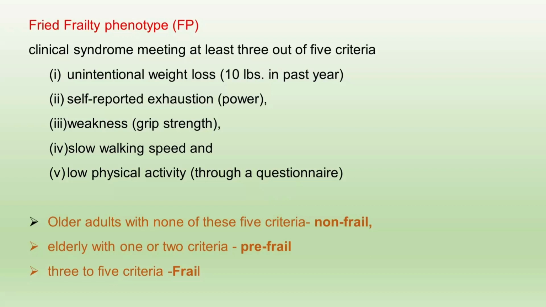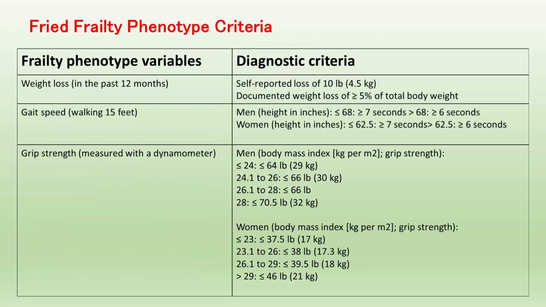I will discuss those in detail in the next slide. If somebody has none of these 5 criteria, that person is non-frail. An elderly person with 1 or 2 criteria is pre-frail, and 3 to 5 criteria, frail. So we have non-frail, pre-frail, and frail. Those are the frailty degrees. So next one, please.